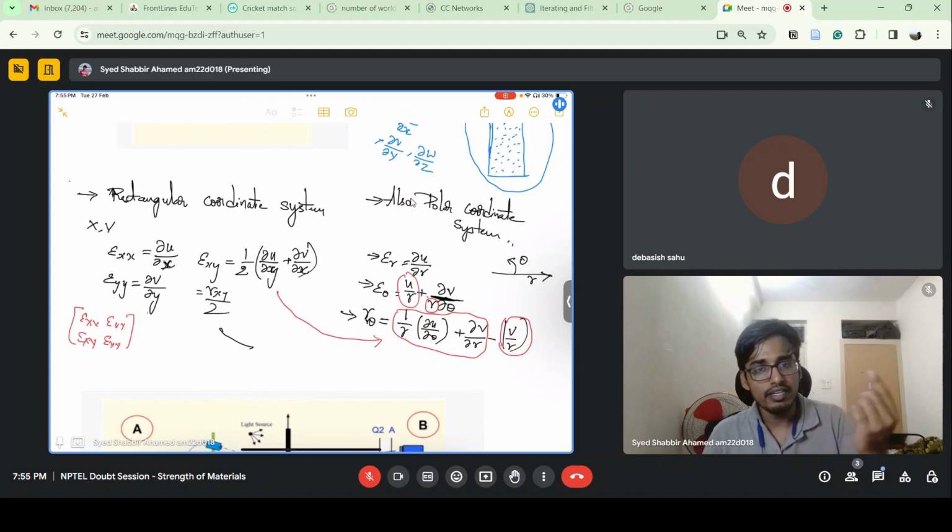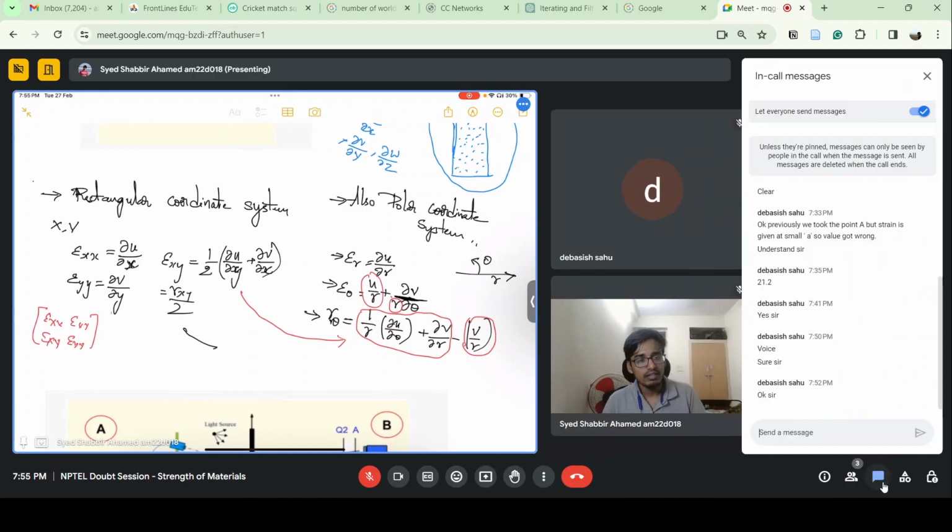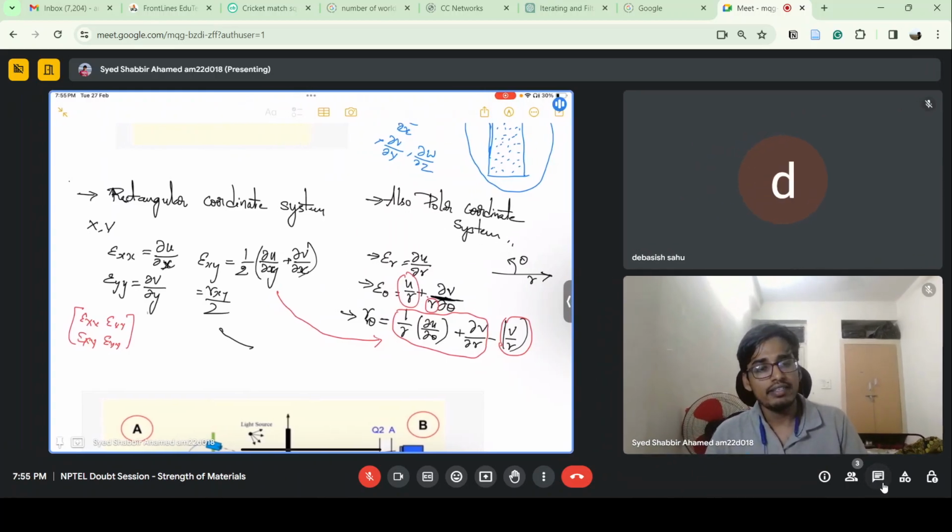Here we have this extra term u by r, because this is a polar coordinate system. Whenever you see theta, r is always present. So it is dou v by r dou theta plus u by r.